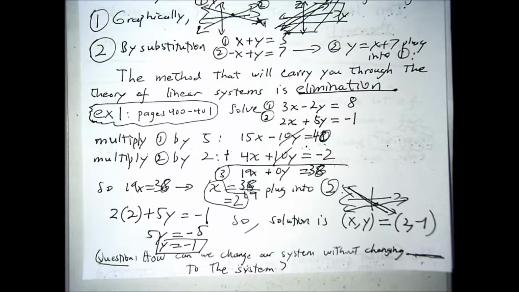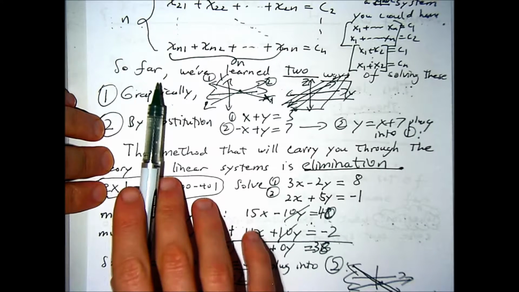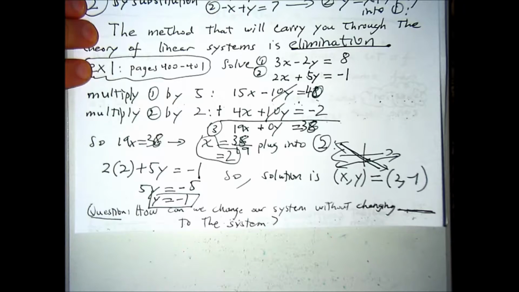Now, this leads us into a very, very important concept. I was able to multiply the equations by a number and add them together and find the solution. So this process of multiplying equations and adding them didn't change what my solution was. I could have just as well done this by substitution, like up here, or I could have graphed it and I would have gotten the same answer.